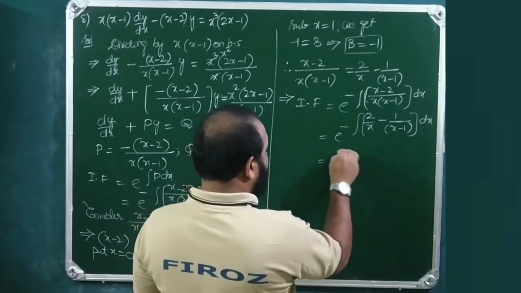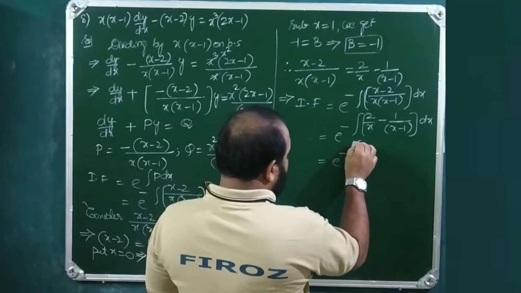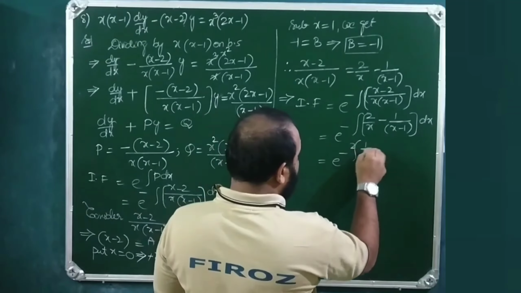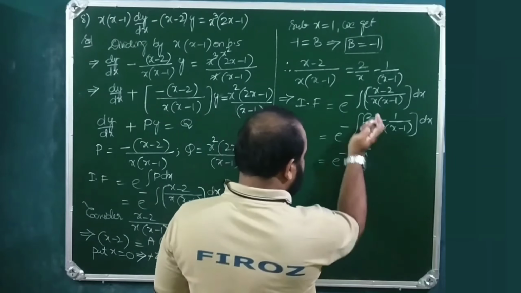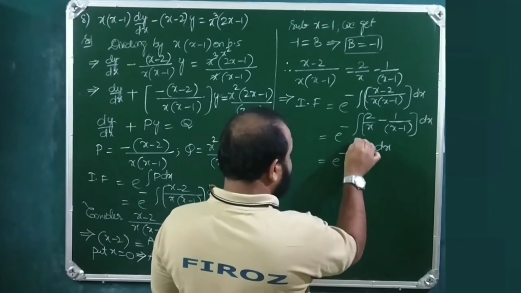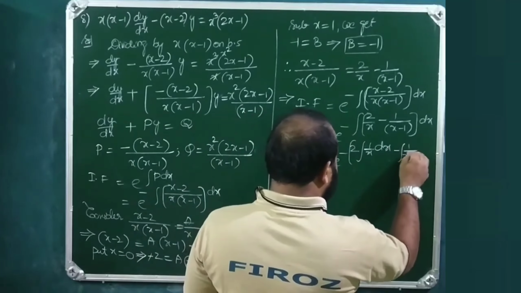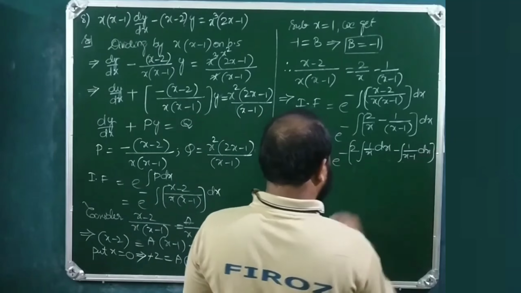This is equals to e power minus, 2 into integral 1 by x dx minus integral 1 by x minus 1 dx.